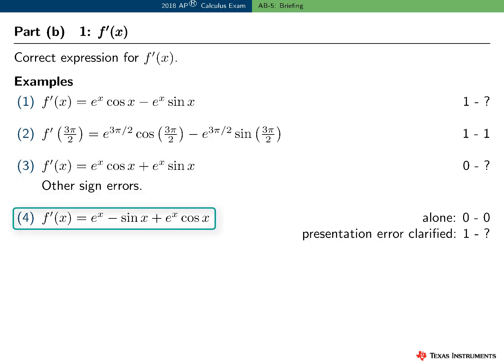In example 4, if this is all we see on the page, it earns 0, 0. However, this could be a presentation error, a missing set of parentheses. If the student clarifies this presentation error, they earn the first point and are eligible for the second point.